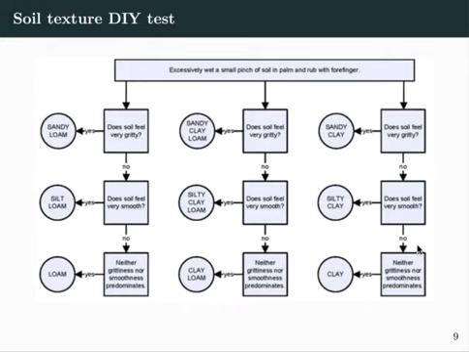An experienced soil scientist or agronomist would have a sense for all of these things. So you can do this in your spare time. You don't need to worry about this for an exam, but I know you're just chomping at the bit to go out and do this yourself.